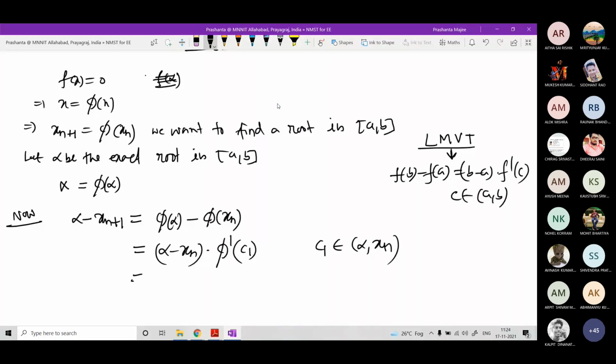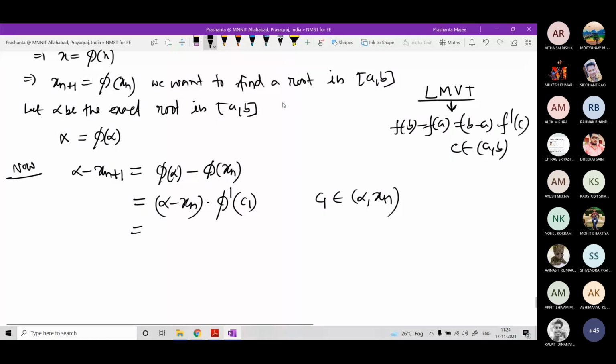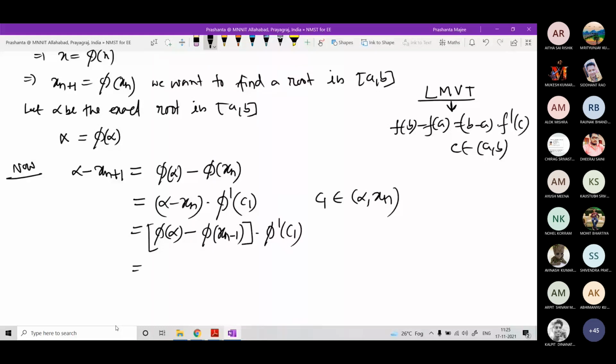Again I will repeat that. So alpha can be written as phi of alpha and xn can be written as phi of xn minus 1, into phi dash c1. Okay, so apply the Lagrange mean value theorem one more time.